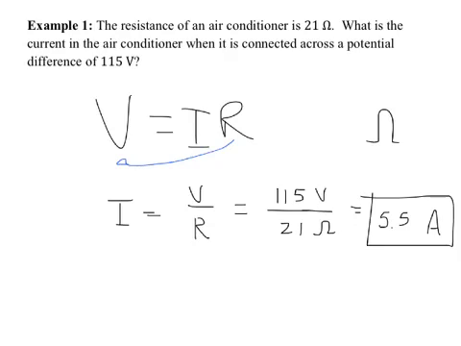A resistance of 21 ohms, with a potential difference of 115 volts, produces a current of 5.5 coulombs per second. Remember, amps are coulombs per second. So 5.5 coulombs of charge can pass a given area every second.